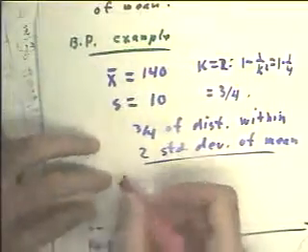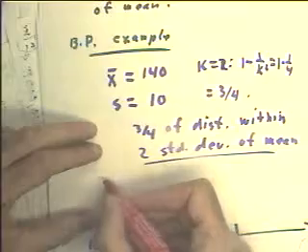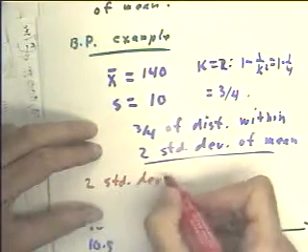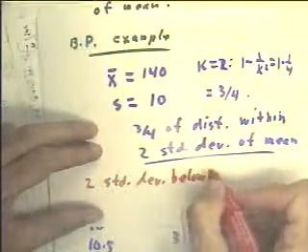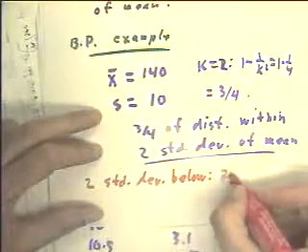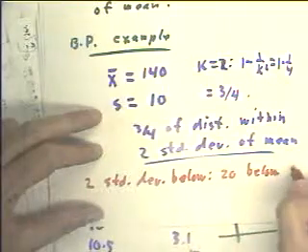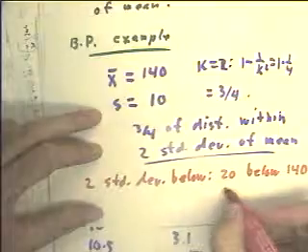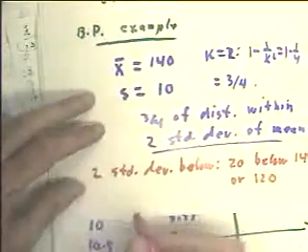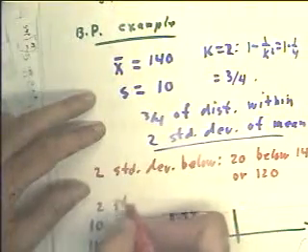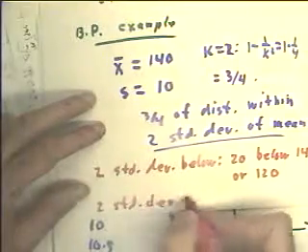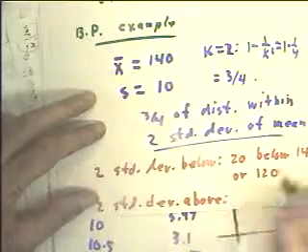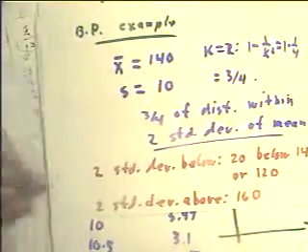Well, 2 standard deviations below the mean, the standard deviation is 10, that's 20 below 140, or 120. 2 standard deviations above the mean would be 20 above 140, that would be 160.